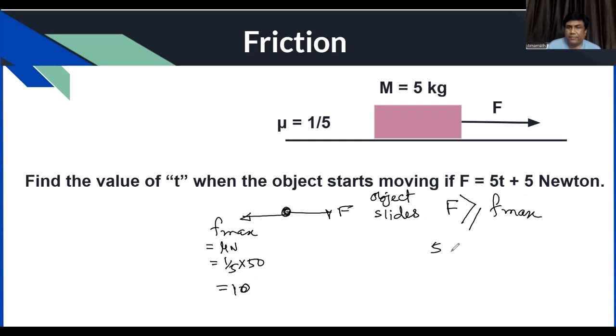So F is here 5t plus 5. It should be greater than or equal to F max. F max is 10 only. So 5t is greater than or equal to 10 minus 5, which means 5t is greater than or equal to 5. So t is greater than or equal to 1.